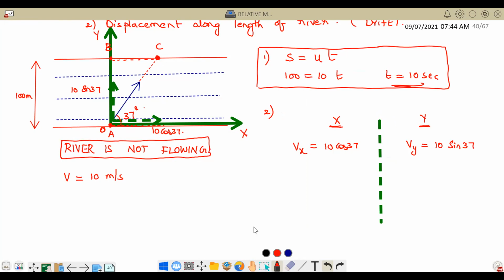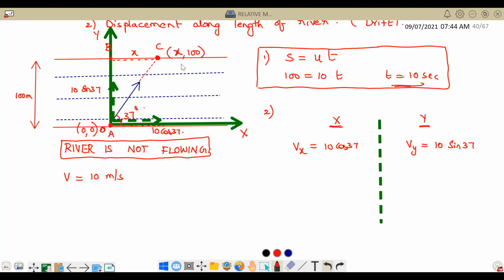According to coordinate geometry, what are the coordinates of the starting point? 0, 0. What are the coordinates of the ending point? Suppose it has traveled some distance x. So x comma 100.